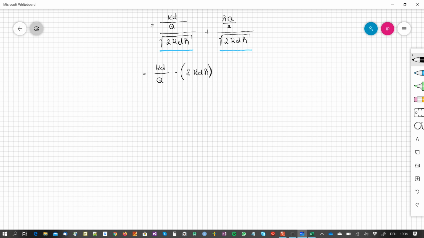So we have it in the denominator. We can write it in the numerator by exponent -1. And the square root we lose with a half. So in total this becomes -1/2. Same thing for the second term.